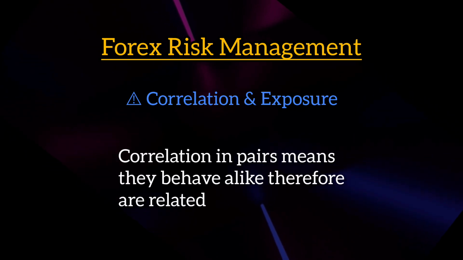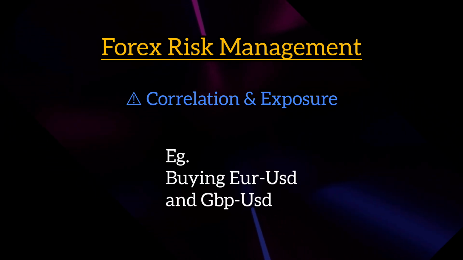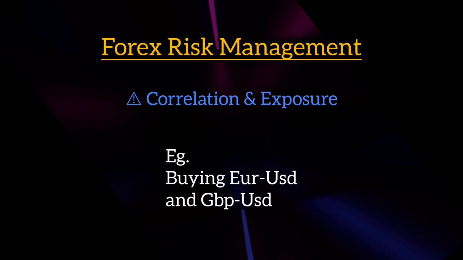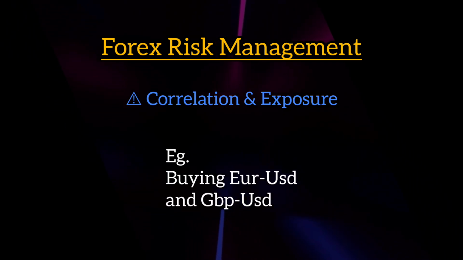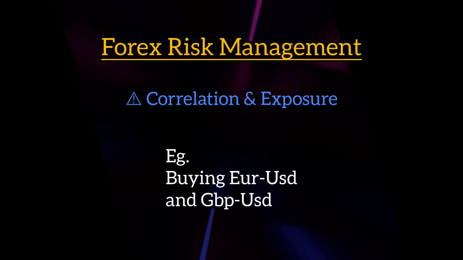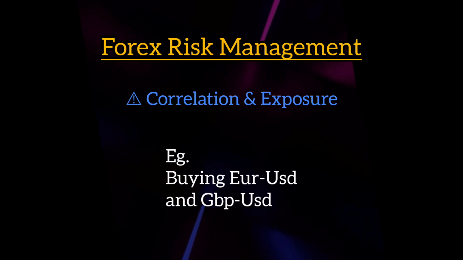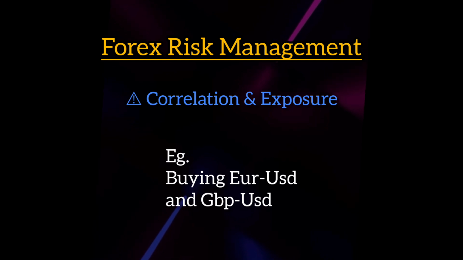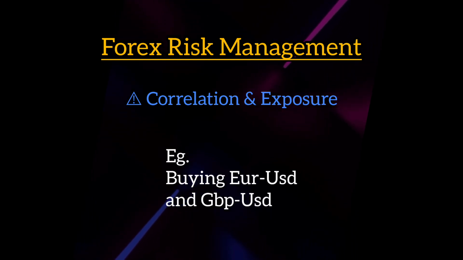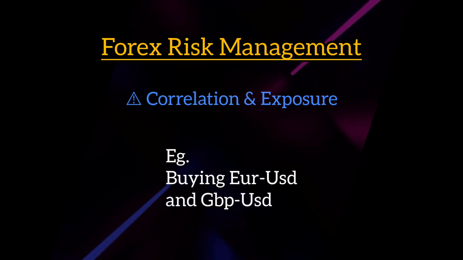Let's say you are trading a pair that is correlated to another pair and you are trading both of them at the same time and it happens to be a loss. It is 90% certain that those two trades are going to be at a loss, which is why you need to note the ones that are correlated to avoid this. I'm going to give you a hint shortly. For example, buying EUR/USD and buying GBP/USD at the same time is doubling exposure on the USD.